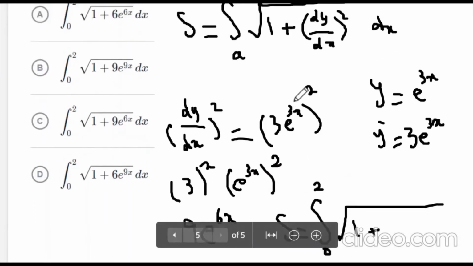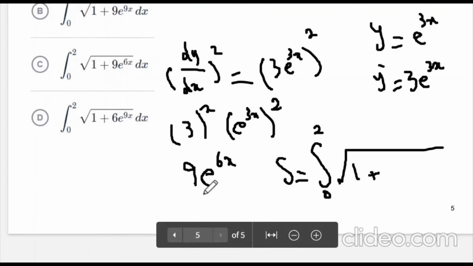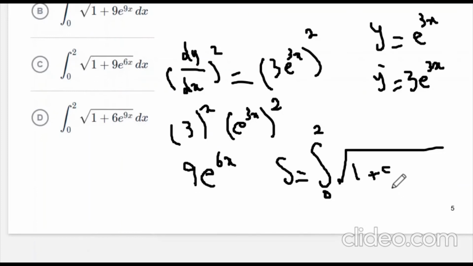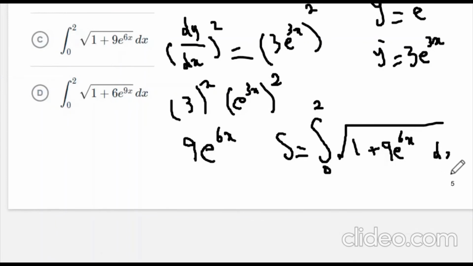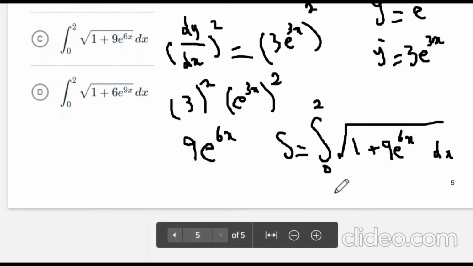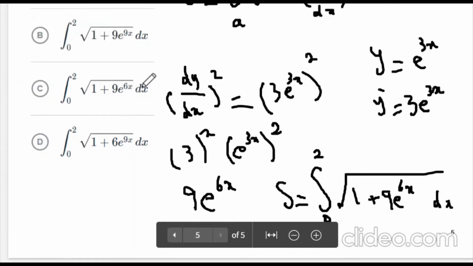So we find the derivative squared, which is, as we can see here, 9 e to the power of 6x dx. So the definite integral from 0 to 2 of the square root of 1 plus 9 e to the power of 6x dx. So the answer is C.